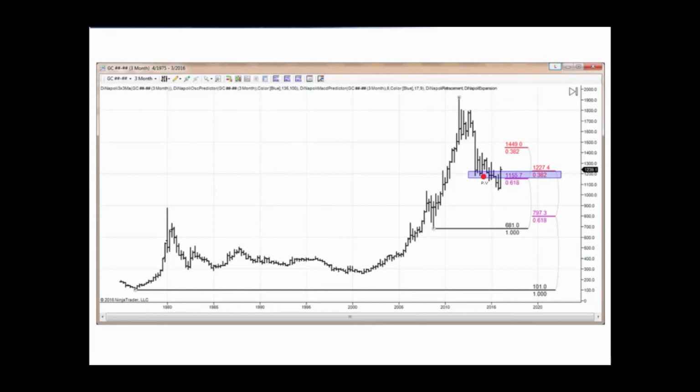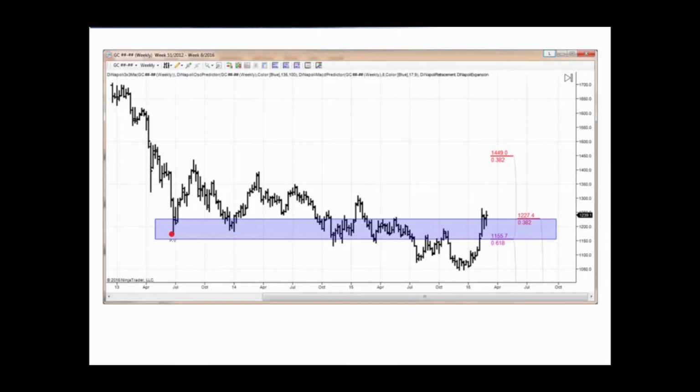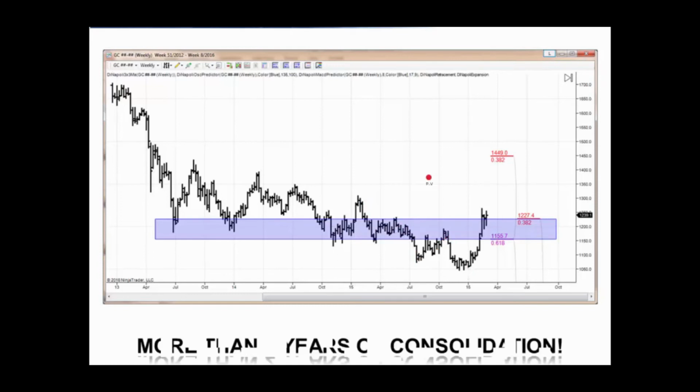So what happened when the market came down there? So in 2013, the market came down into this zone. Gold made a bounce of $200, $250. It bounced again from the nodes, consolidated until eventually breaking and finding resistance in this area. So it gave us more than 2 years of consolidation.